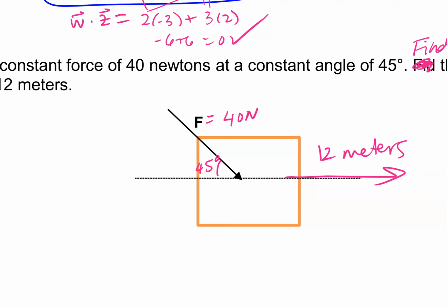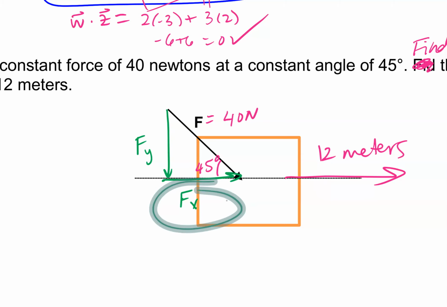So I want to know, like, if I'm pushing down on the table, not all of my force is going to be causing it to move forward. So only some of it, right? Part of my force is pushing down, right? That's my y component, and part of it is going in the horizontal direction. So this is the portion I want, right? This is the portion I want, and this is just going to be, let's see, this component.